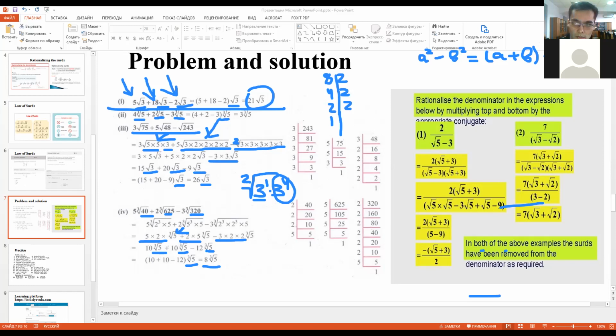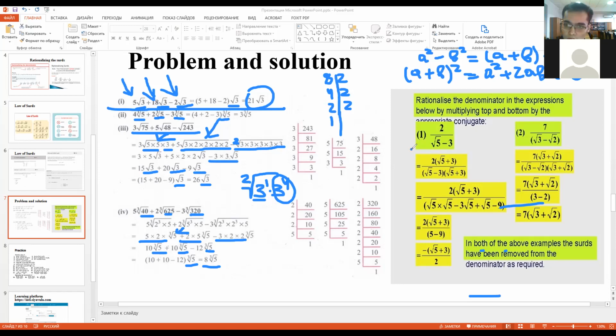You remember? Yes. And also a plus b square equal to a square plus 2ab plus b squared. We are going to use such kind of expressions here.